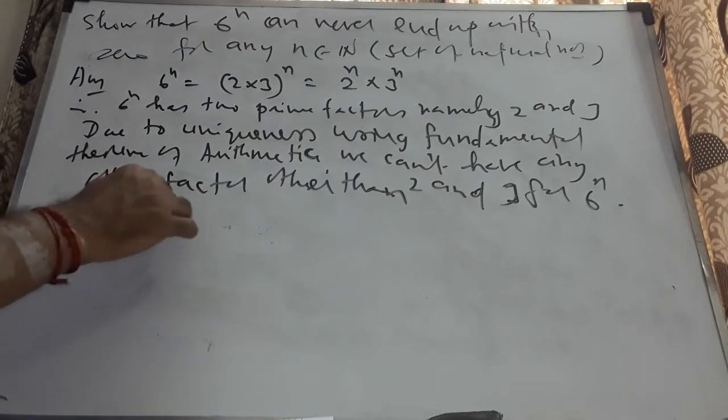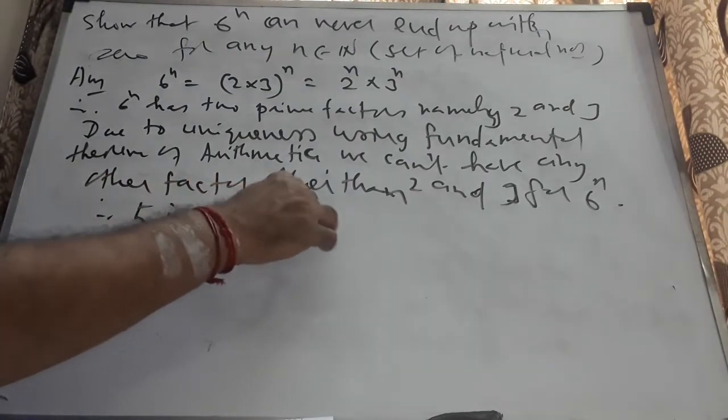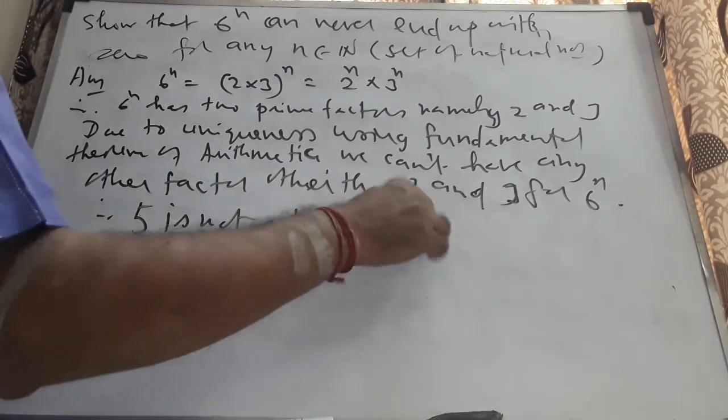Therefore, 5 is not a prime factor of 6 power n.